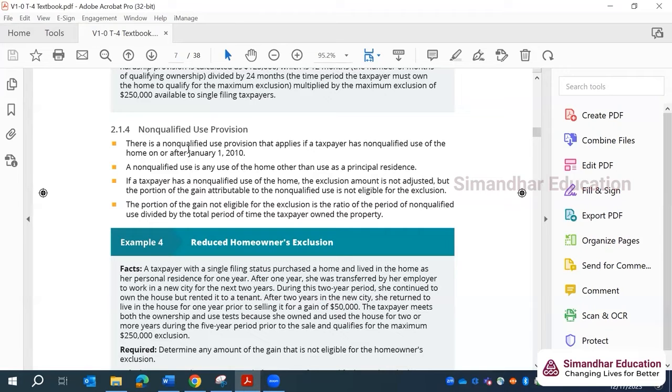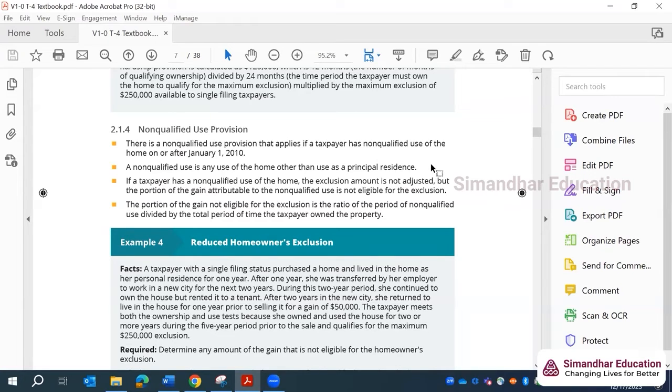Okay. So whatever the period of non-qualified usage is, we will determine that by the ownership of the property, and then that gain will be excluded. So that means you will not get the benefit of the gain for which you have used the property for non-qualified purposes. Now, one very important point that you will have to make a note of is that when we did the hardship provision, we prorated the exclusion amount.